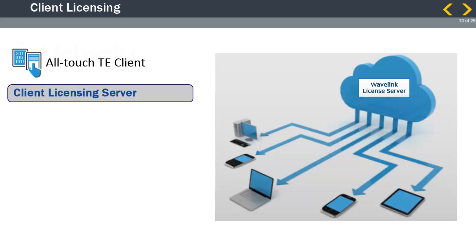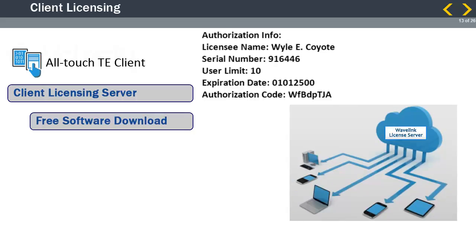The Client License Server is an application that provides licenses to ruggedized and smart devices that are using Wavelink's terminal emulation, industrial browser, or AllTouch TE clients. The licenses are stored on a central or reachable PC, and therefore can be automatically distributed to any device client that sends out a request.